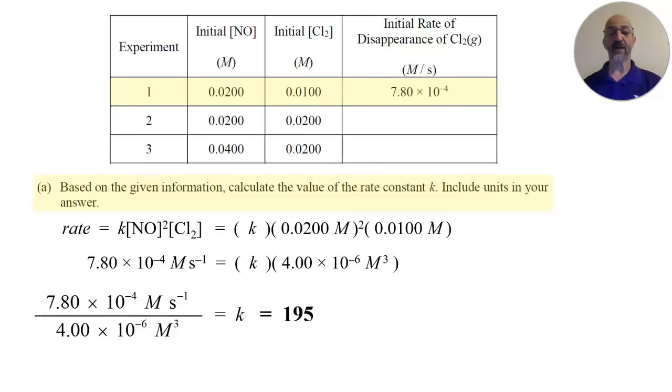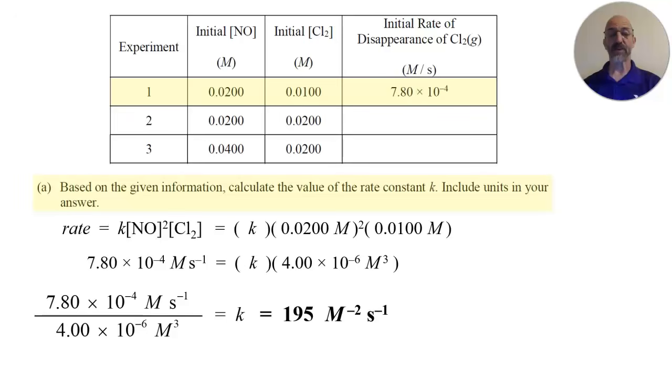Of course, I have not yet included the units of the rate constant K in my answer, but that is the numerical value. So if I look closely at the units, I can see that there's molarity on top and then molarity cubed on the bottom. So I have molarity to the first power divided by molarity to the third power. That's going to give me 1 over molarity squared, or I can write that as molarity to the negative 2.